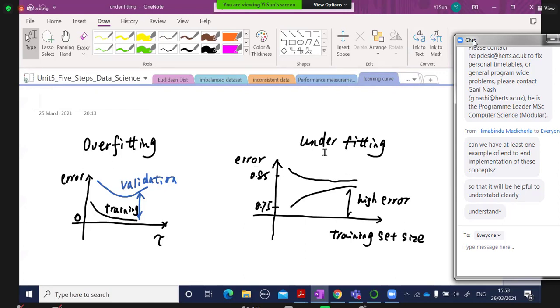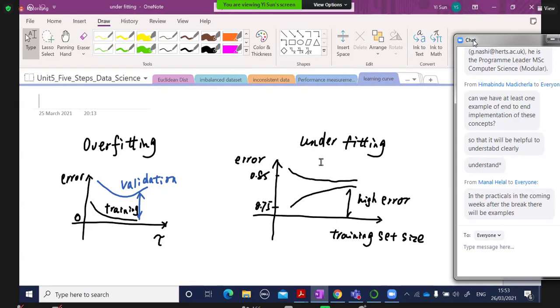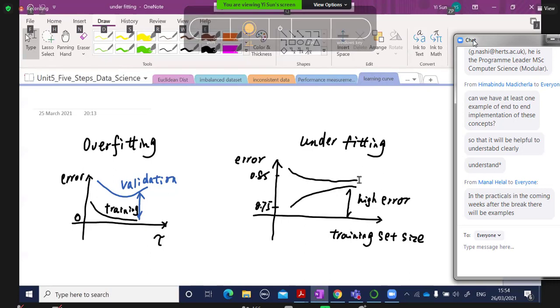On the other hand, of course, we also want to avoid underfitting. Both overfitting and underfitting are not good. So for underfitting here, I think this is the training. I didn't mention it. This one is the training, and here is the validation.